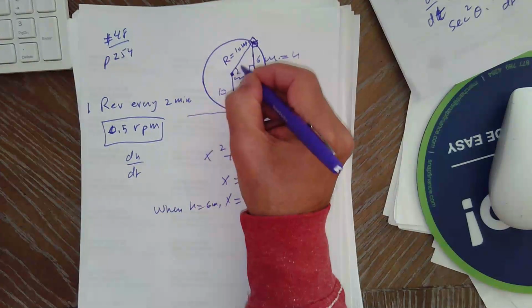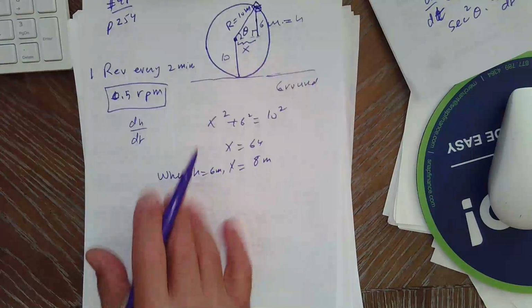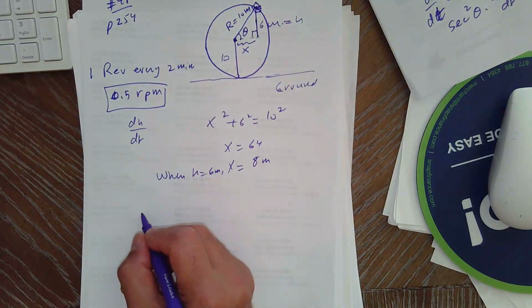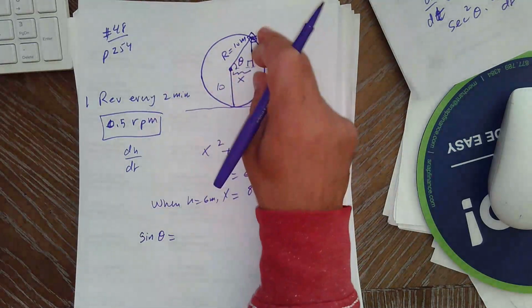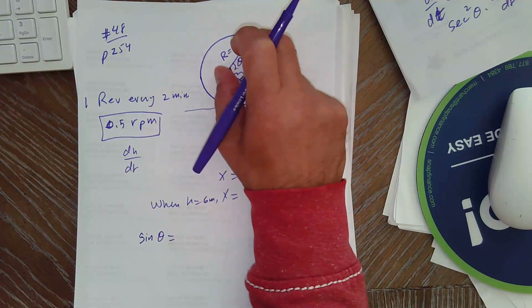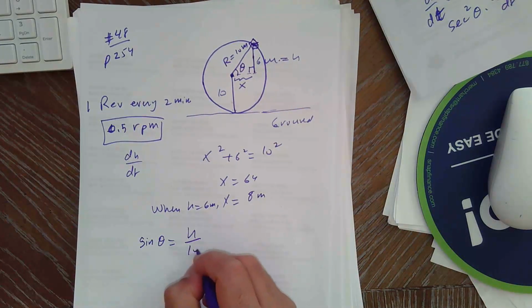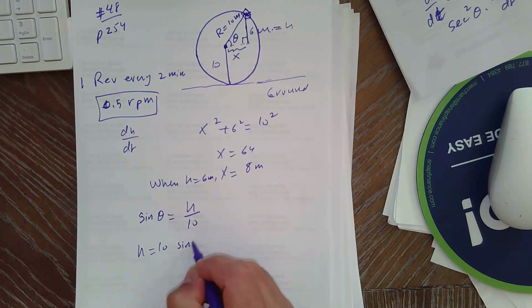So if this is theta, this is rotating at a rate of 0.5 revolution per minute. So sine theta, again we're using sine because it relates opposite over hypotenuse, is h over 10. So h equals 10 sine theta.